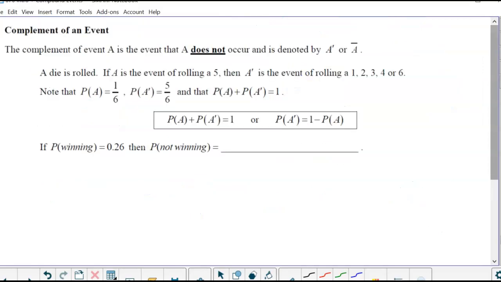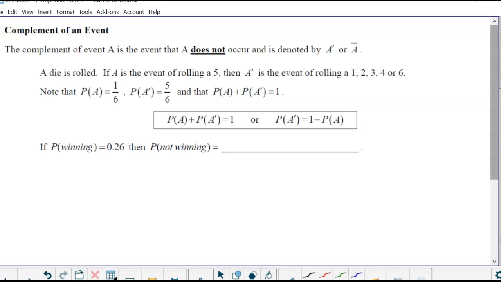Okay, so complement of an event. The complement of event A is the event that A does not occur. So it's kind of like the opposite. The notation for it is, if we're using event A, A with a little apostrophe, a prime symbol, or A with a bar over top.